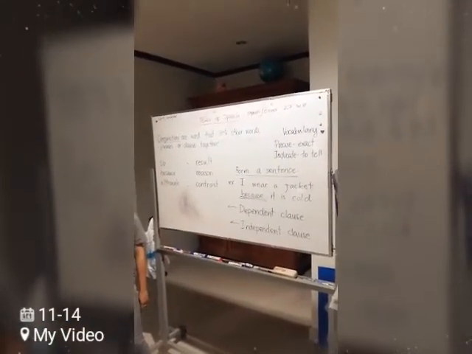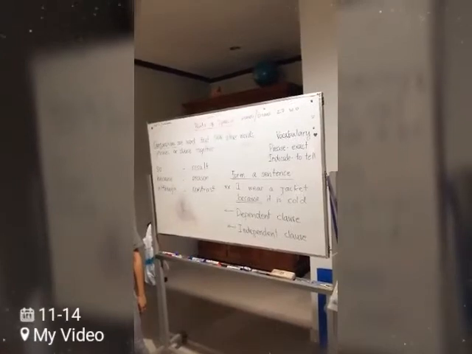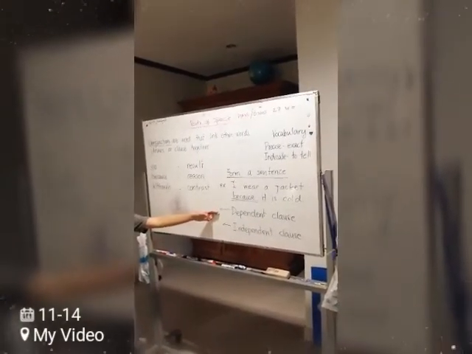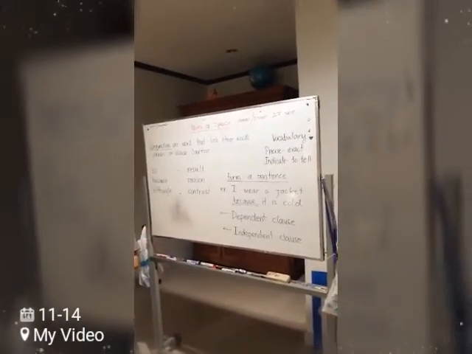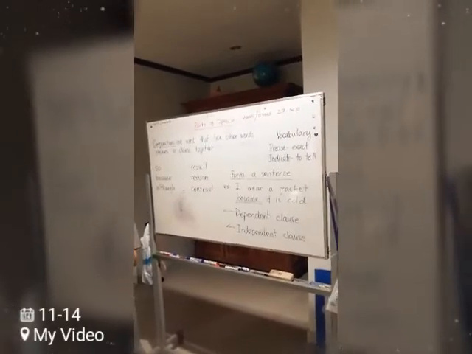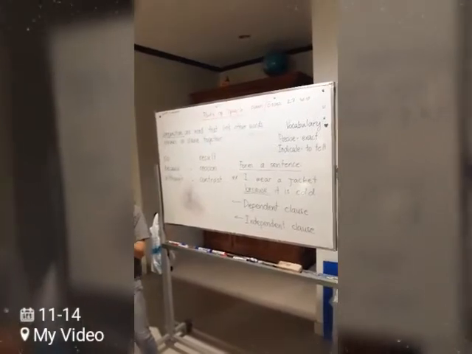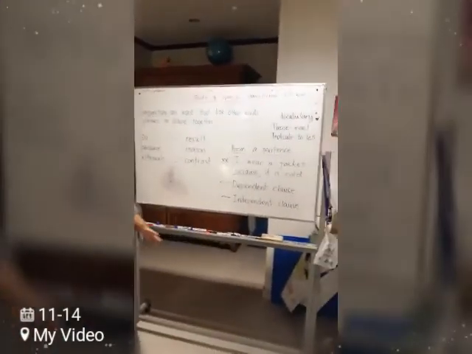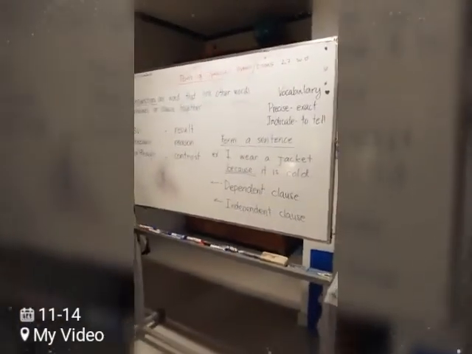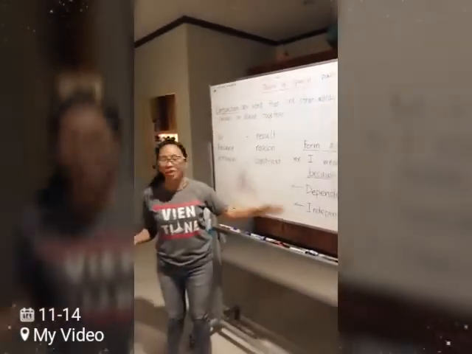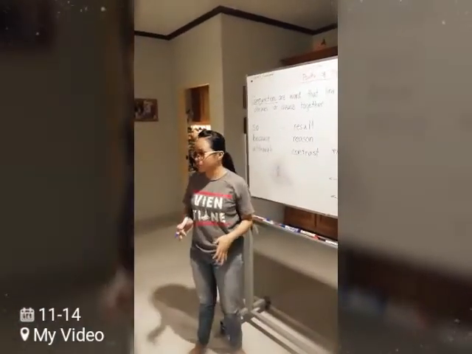When you are dependent, depending on someone, okay? Dependent clause means it cannot stand alone. The sentence cannot stand alone. It means it is not a complete thought, not a complete sentence at all. But when you say independent, it can stand alone. The word or the phrase or the clause is complete, even without the other phrases.